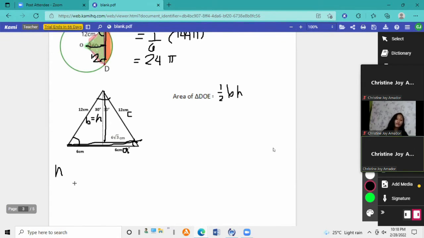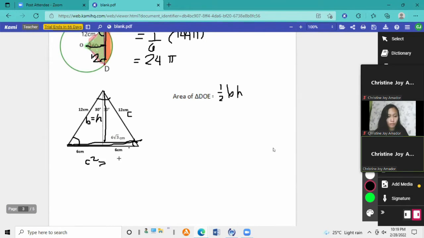Since we're looking for the B, so it would be H. Since we're looking for our height, diba, we have this formula in the Pythagorean Theorem.